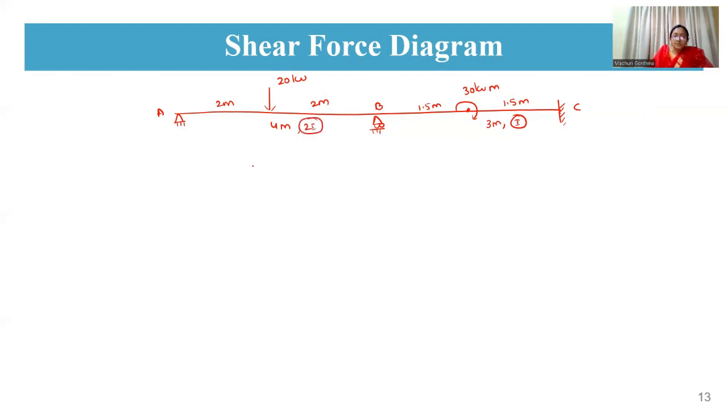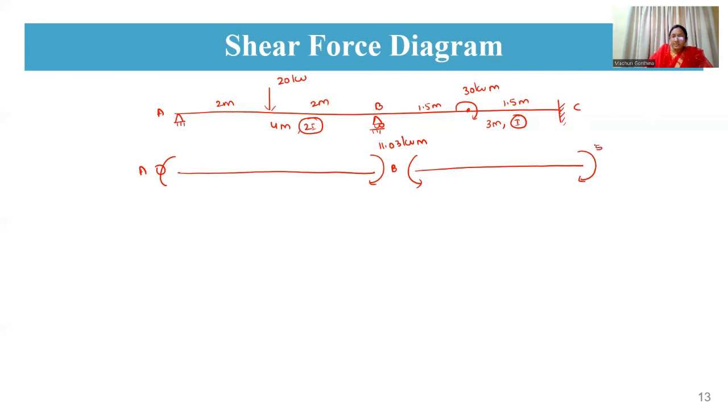So after getting this, we are going to draw the free body diagram again. So this is a free body diagram. So MAB moment is 0, and MBA and MBC moments are 11.03 kilonewton meter, whereas MCB moment is 5.73 kilonewton meter.